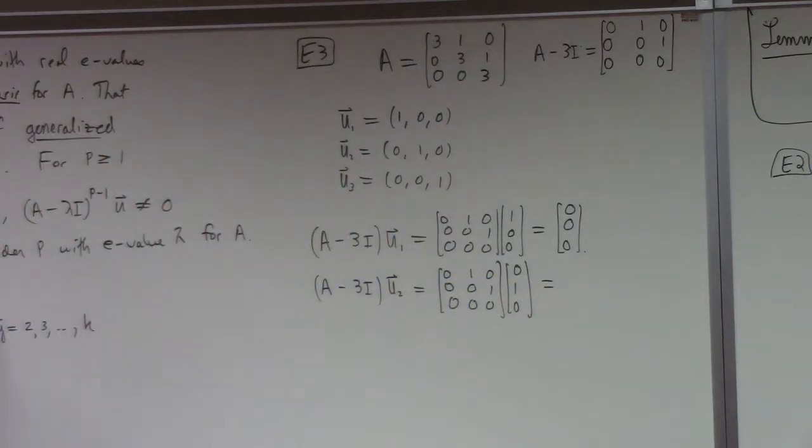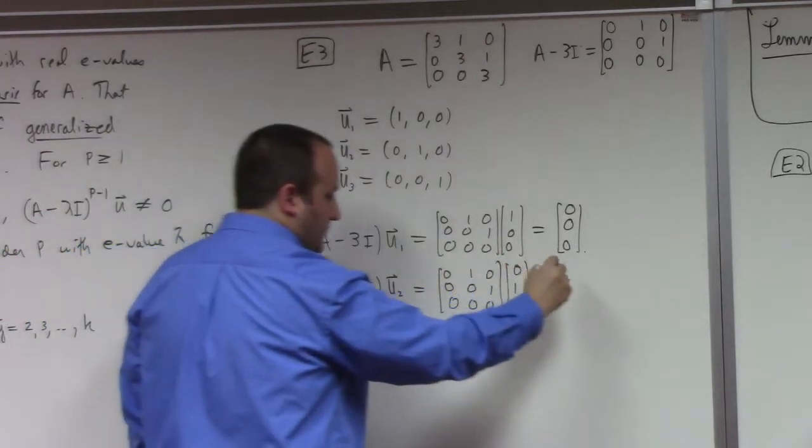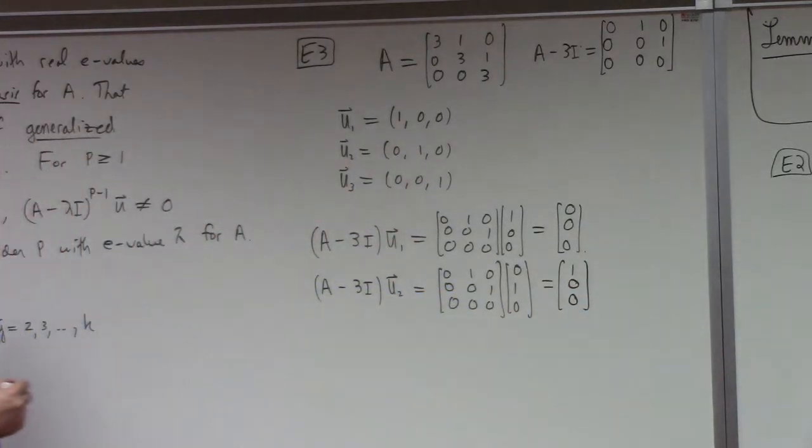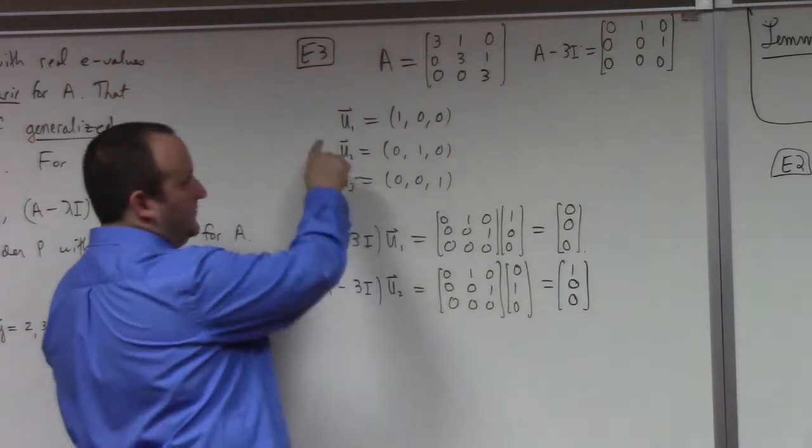What happens when we multiply this matrix by (0, 1, 0)? We get (1, 0, 0), which is U1, right?